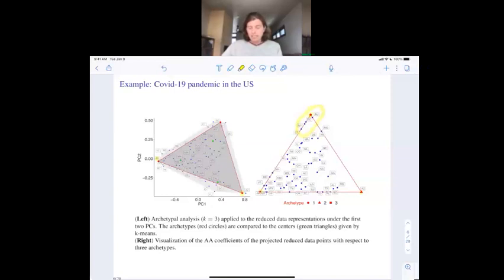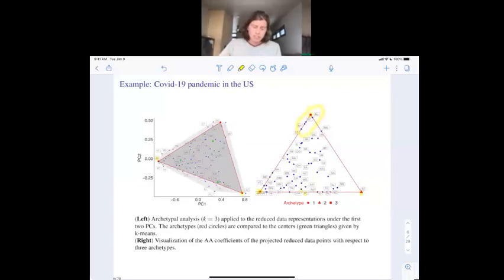And for a state like Utah here, Utah initially had very low positivity rates, and then had a medium second wave. So I can interpret Utah as some combination of states like Alaska and states like Arizona. I think this is more interpretable in many cases than the PCA analysis.